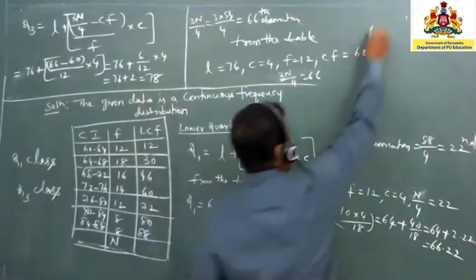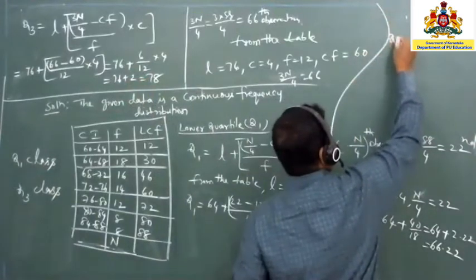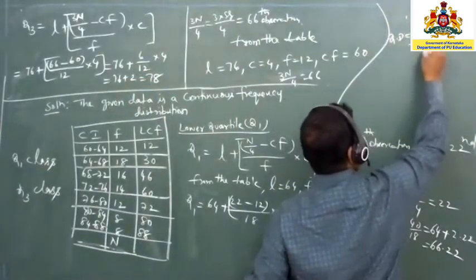Now I'll complete QD. QD is (Q3 minus Q1) by 2.